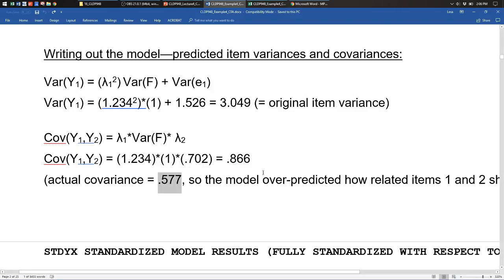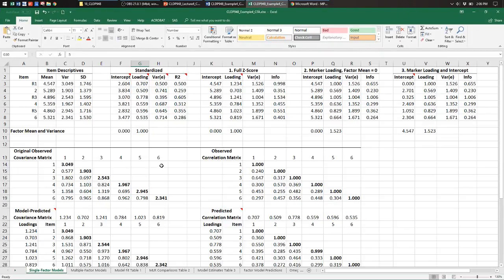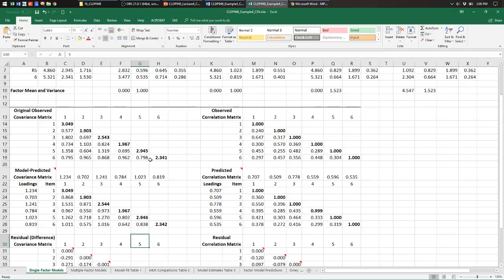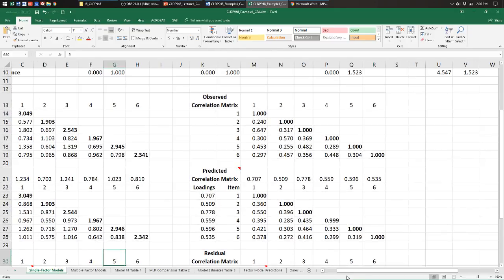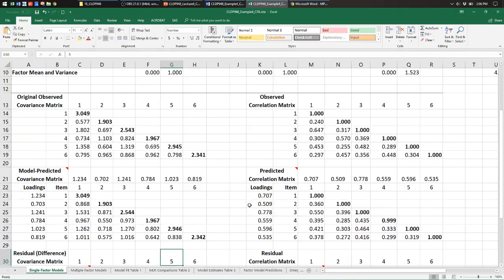How bad that is going to be contributes to our measure of fit, because we'll have each of these offnesses for every possible covariance. And I did the math for you. There's an Excel sheet that goes with this example, because I'm the kind of person who it helps to see the numbers worked out for things.